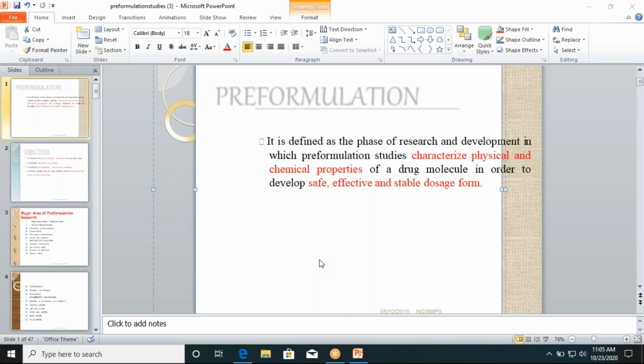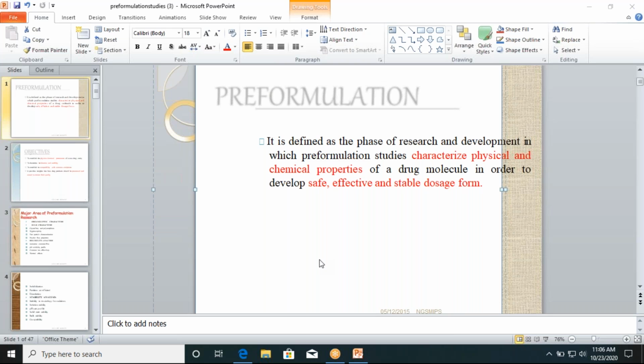So before formulating a dosage form, the first thing is you need to characterize or determine various physical and chemical properties of the drug molecule. So that is the meaning of pre-formulation.